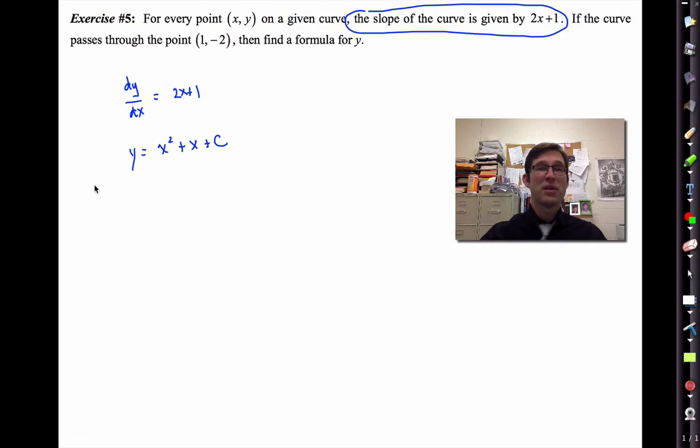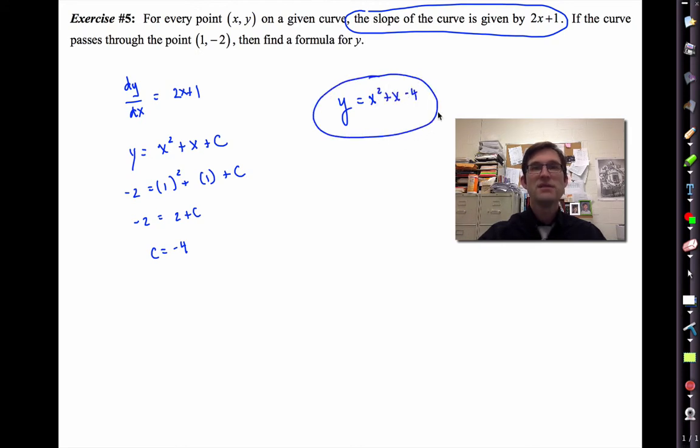We can now find that c by substituting in negative 2 for y, 1 in for x. So I'll get negative 2 is 2 plus c, and c is negative 4. So y is equal to x squared plus x minus 4. Again, easy enough to check that its derivative is 2x plus 1, and easy enough to check that it goes to the point 1, negative 2.